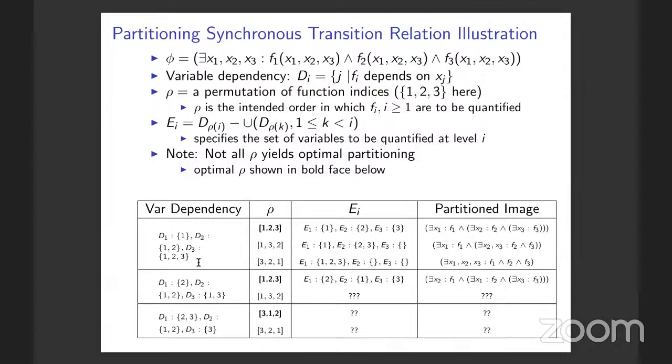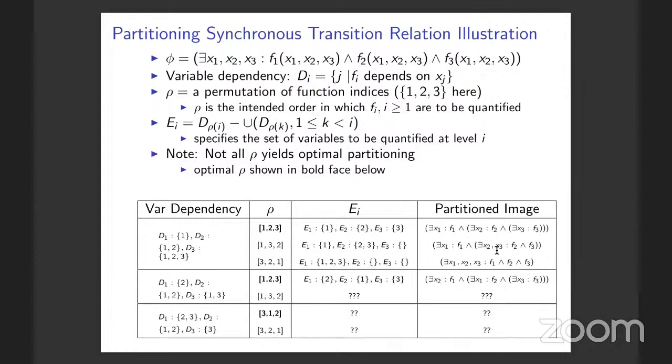Because F3 contains all three variables, you eliminate 3 from that, then you eliminate 2, and then F1. Since F1 only contains 1, this is the most optimal ordering. But if you chose a different one, you will end up not decomposing it in the finest fashion.